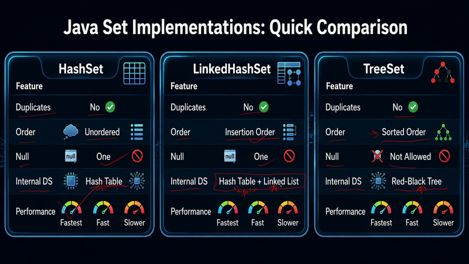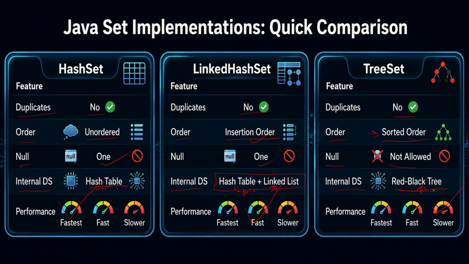That's why it is somewhat less fast compared to HashSet. And TreeSet will be slower. Why? Because it is giving sorting.